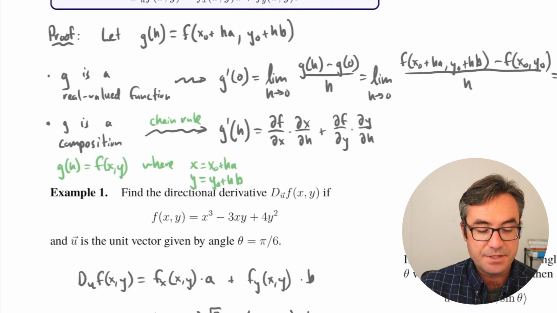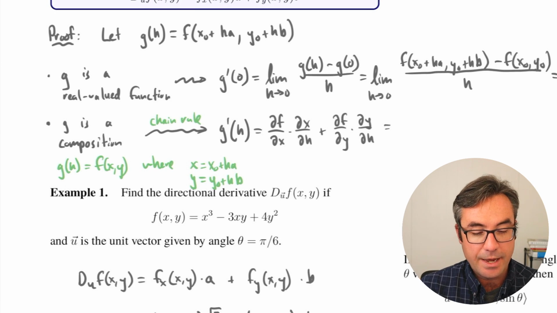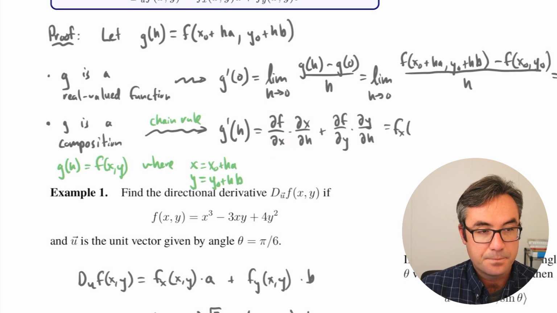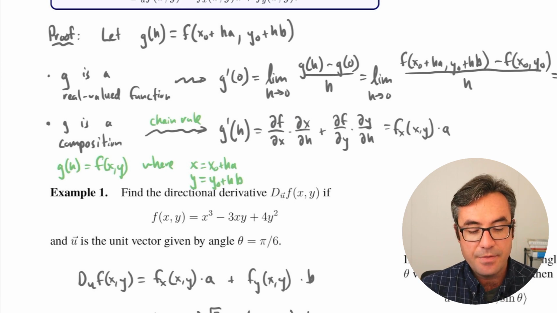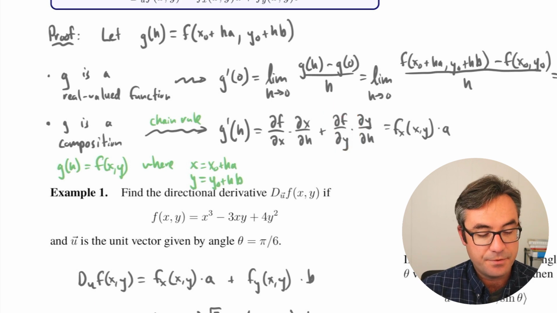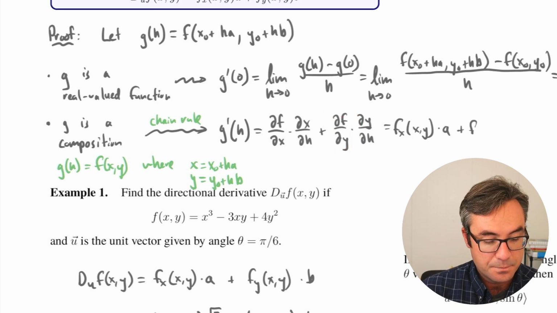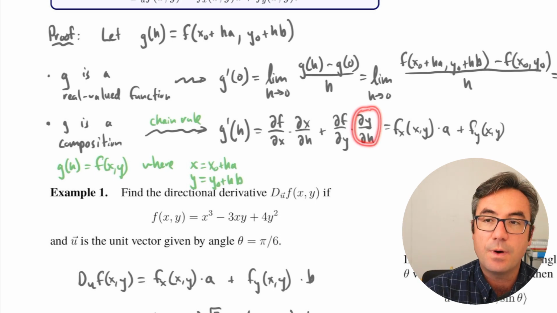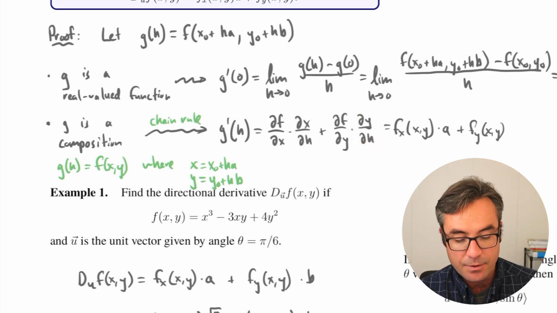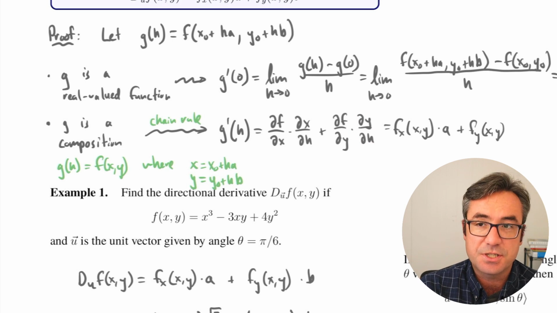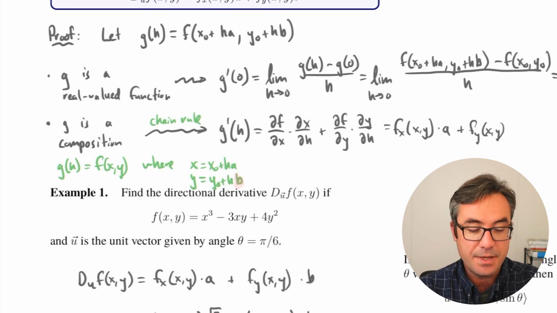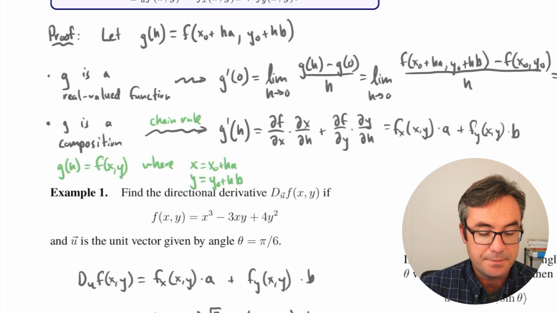So if we fill this in, we have our x partial derivative times a, and then we have our y partial derivative. If we look at the partial derivative of y with respect to h, again, y0 is a constant because it's just a specific point. The derivative of h is 1, and then we still have the b there, so this is times b.